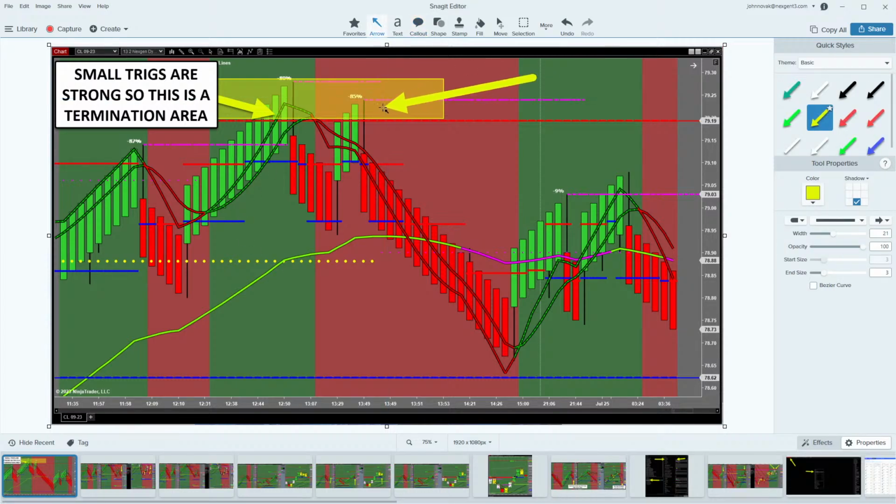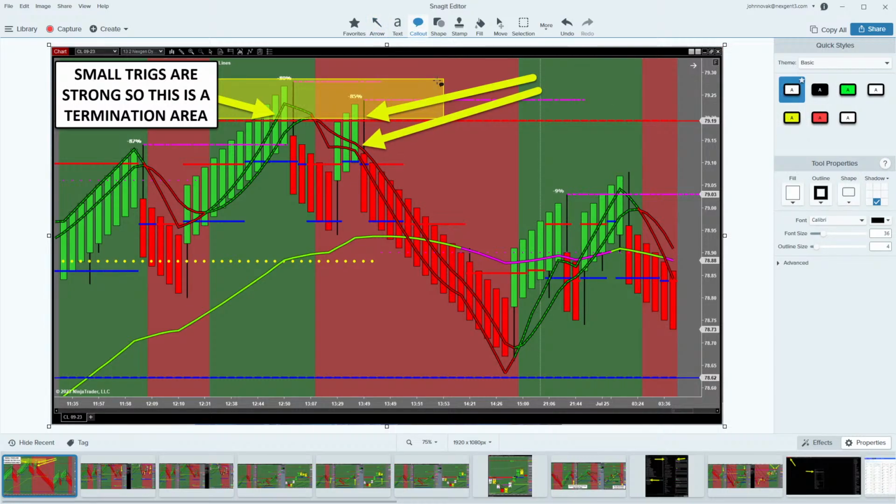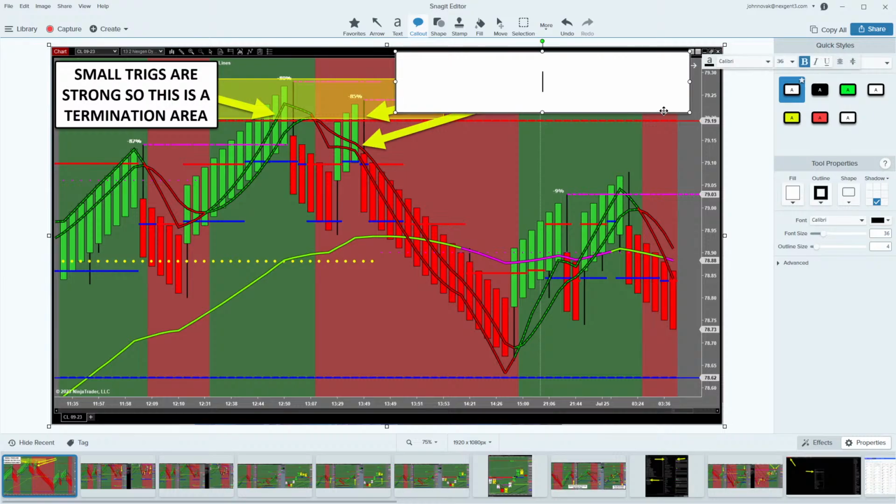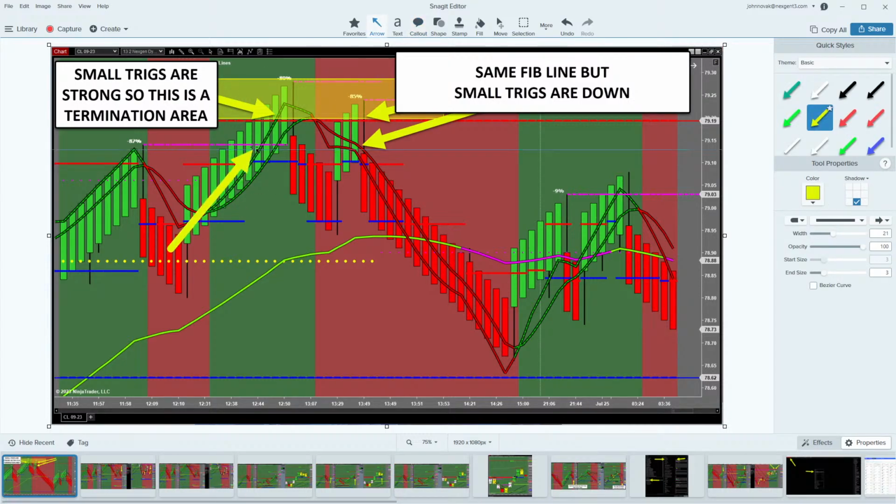This is the same Fibonacci line, but it's a considerably different trigger. So it's the same fib line, but one of them is the area where you stop going long.